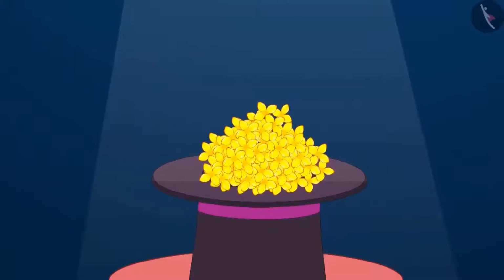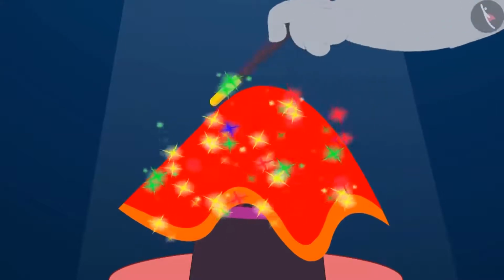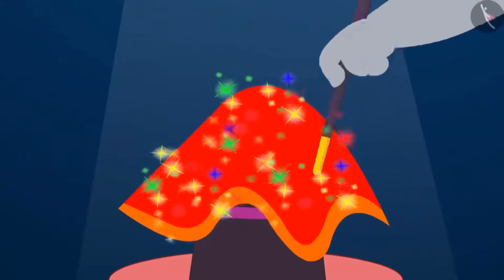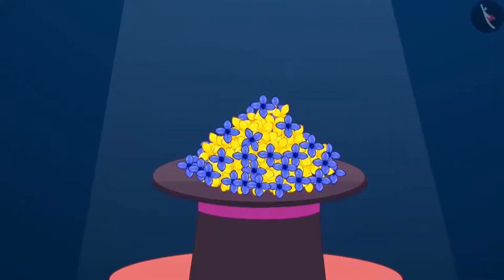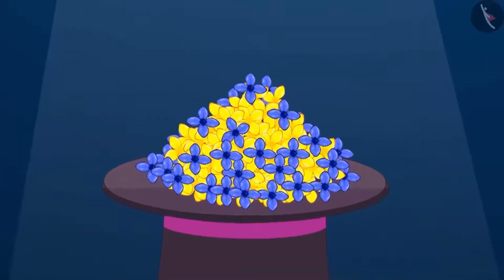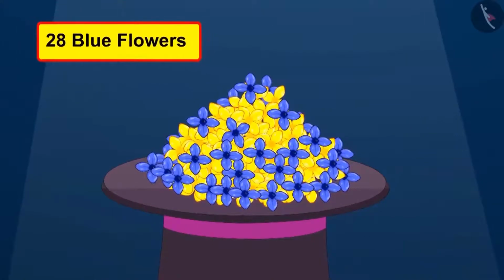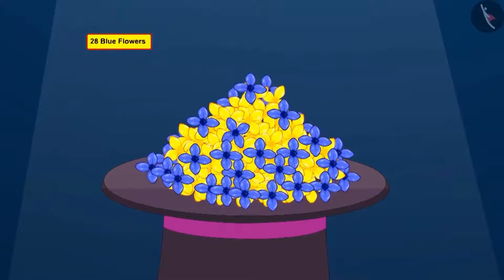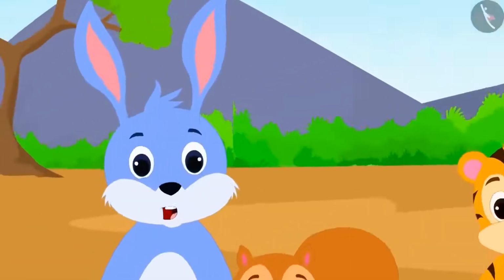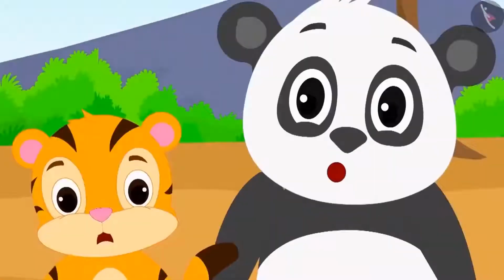Then he covered the vase with a cloth and swung his magic wand over it. When Gaggu removed the cloth from over the vase, along with 70 yellow flowers, there were 28 blue flowers too.